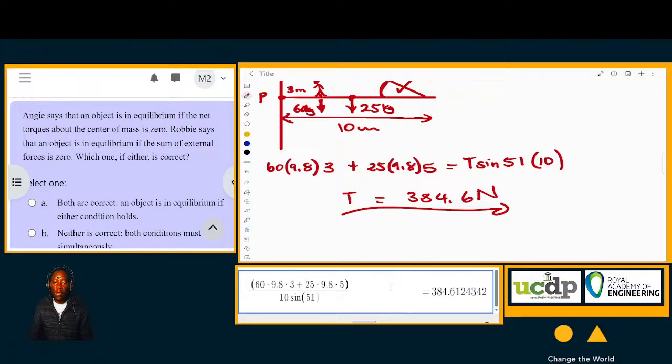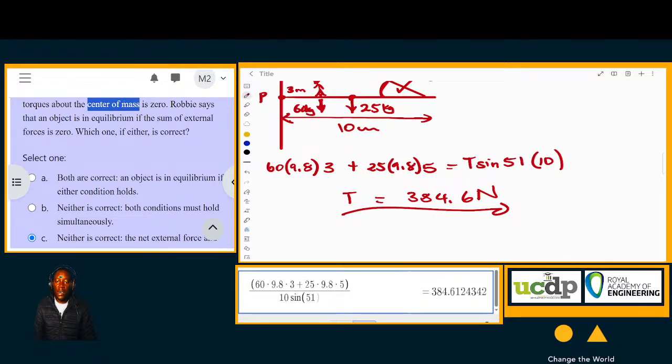It's not just about the center of mass. This is the part where this statement is wrong. It's whether we consider the moment or torque about any given axis. If it's balanced, that moment should be 0 about any axis, right? So the two conditions should apply.